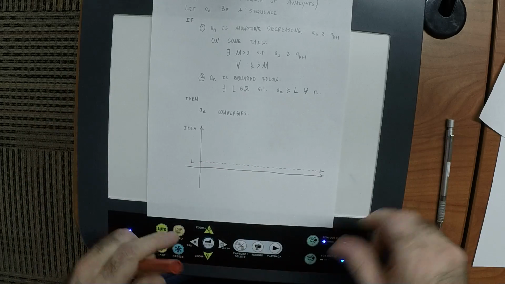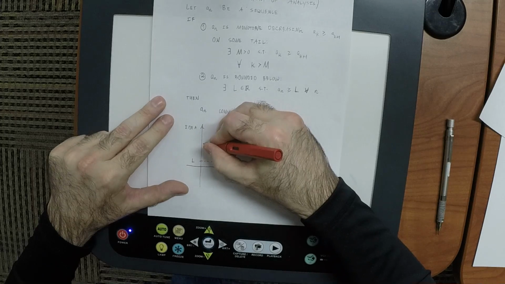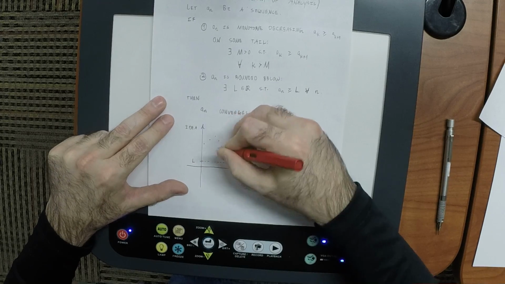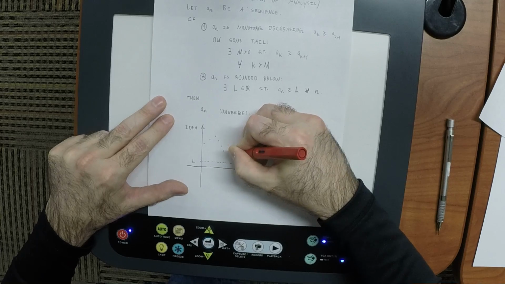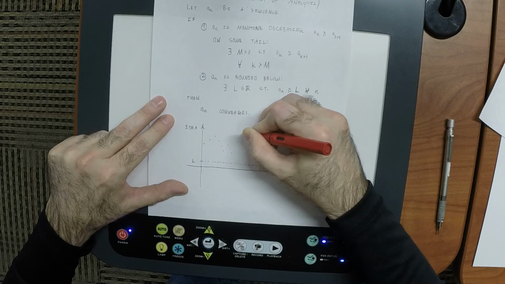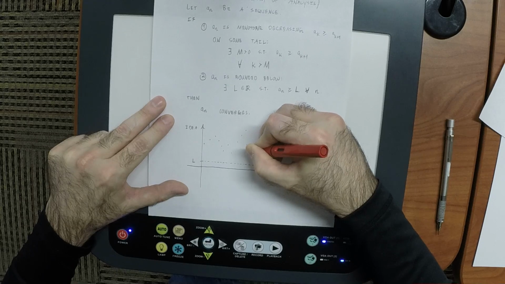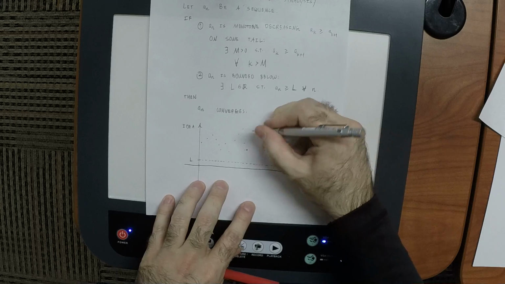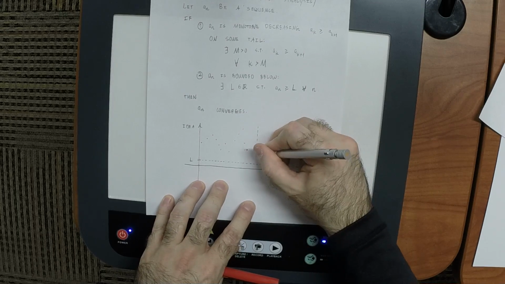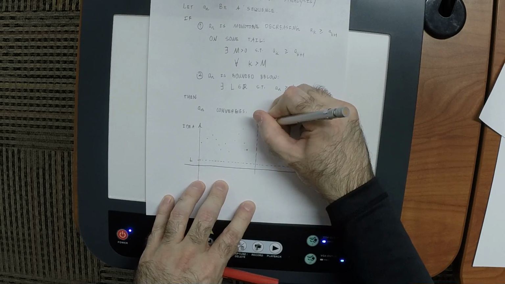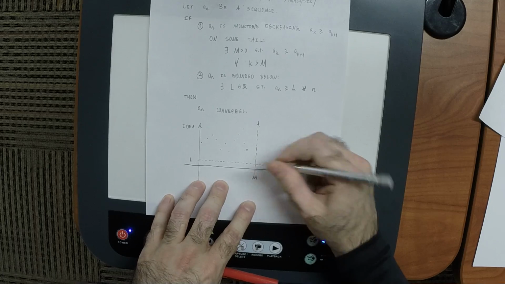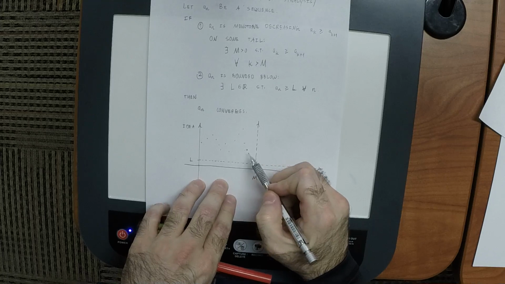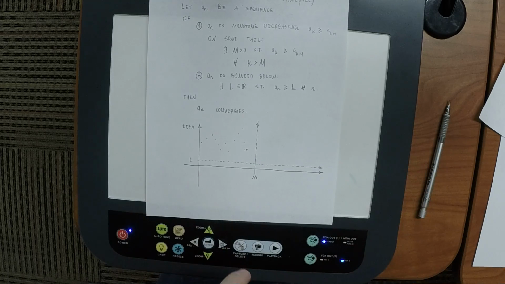And the sequence can be doing any old crazy thing. It can be going up some of the time, down some of the time, up and down, whatever you want to do. But there's a tail that once you get beyond M, the sequence is allowed to have its indiscretions of youth here, but once it gets beyond M, what has to happen?